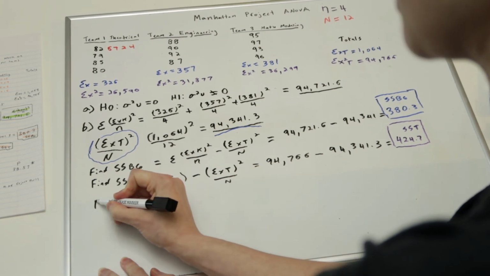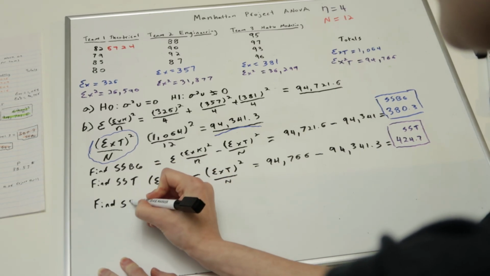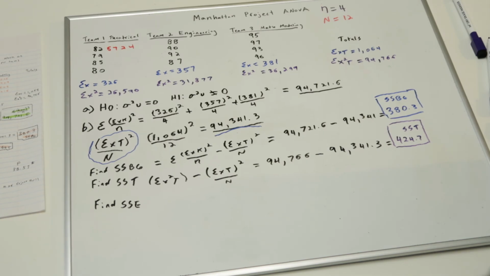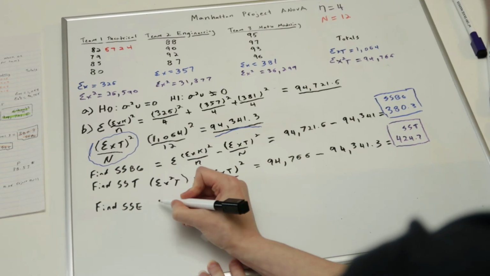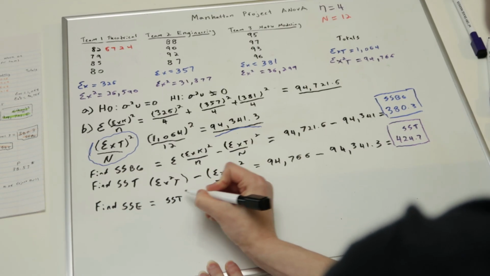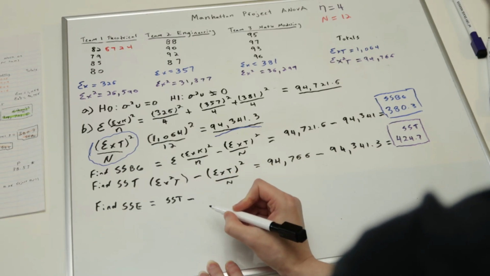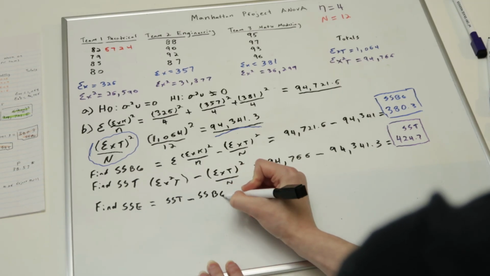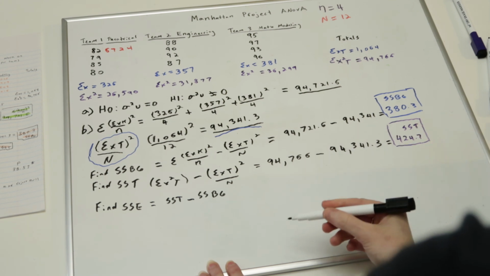So now you're going to find the SS error, and that is simply equal to SST minus SSBG, the sum of squares total minus the sum of squares between groups.